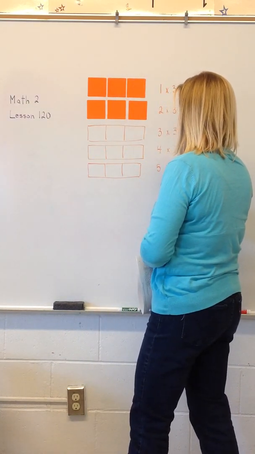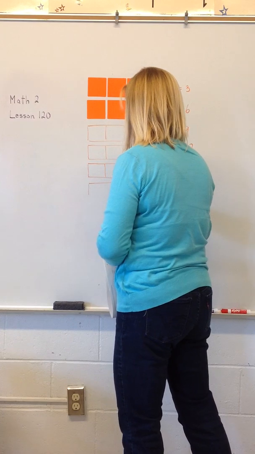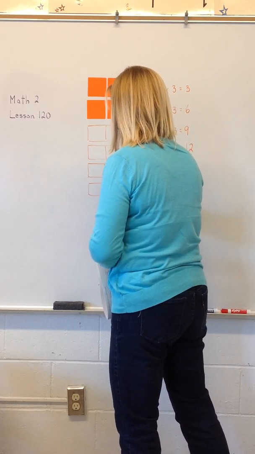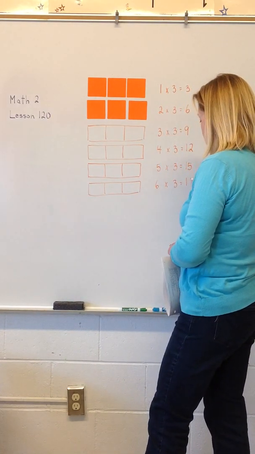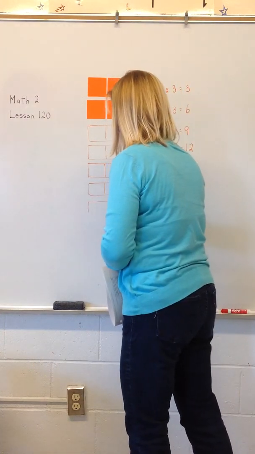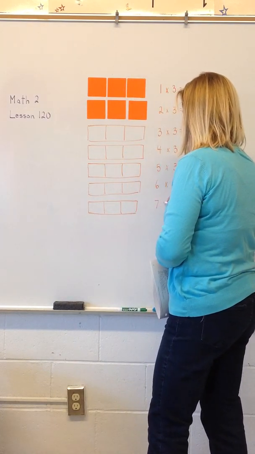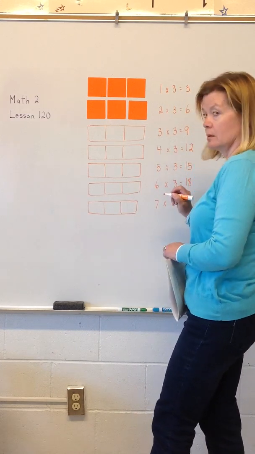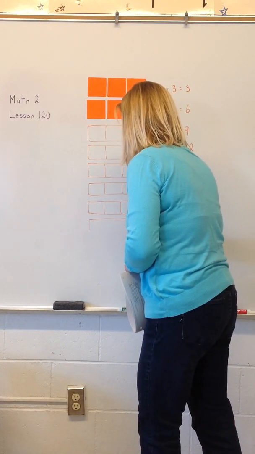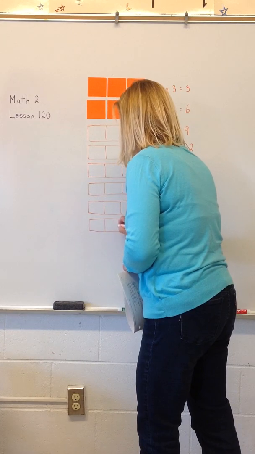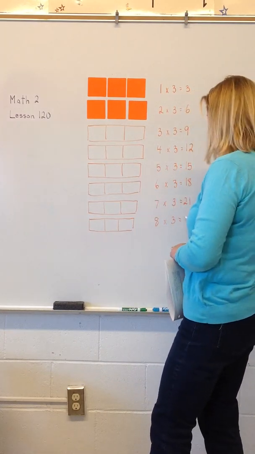So 5 groups of 3, 15. 6 groups of 3, 18. 7 groups of 3, 21. 8 groups of 3, 24.